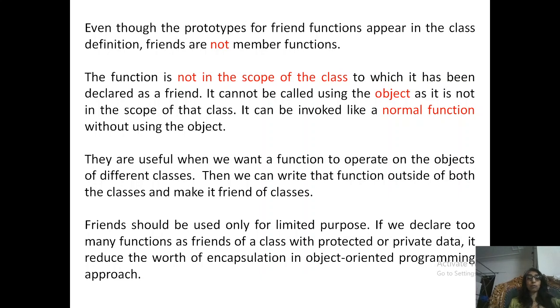Encapsulation says that our data should not be used outside of the class. That's why it is known as private. But by using the friend mechanism, we give a function access to our private data, and it can manipulate that data. So of course, somewhere it is against the concept of encapsulation in the object-oriented programming approach.